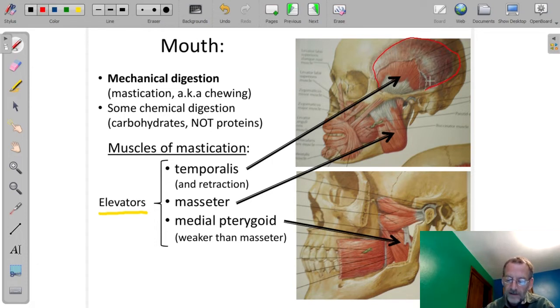Now all these, the temporalis originates on the skull and it inserts on the mandible on that coronoid process. Here's the condyle of the mandible, and this is a sort of a sketch of the mandible underneath. There's this process, and then it kind of comes down onto the rest of the mandible. And then here's the other part of the mandible.